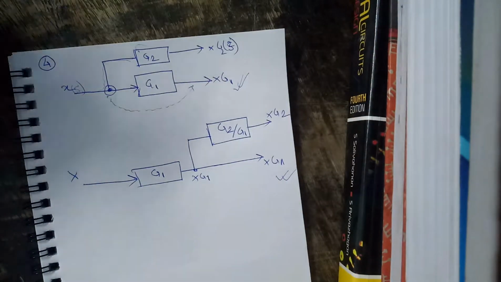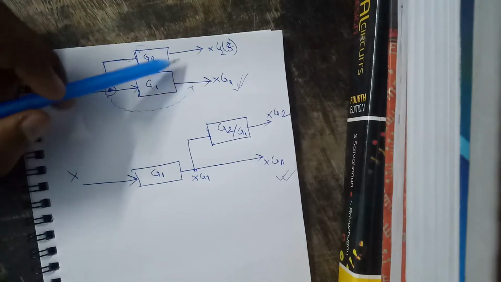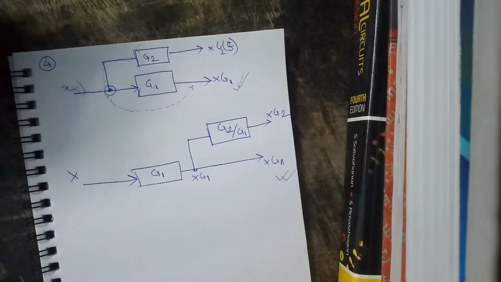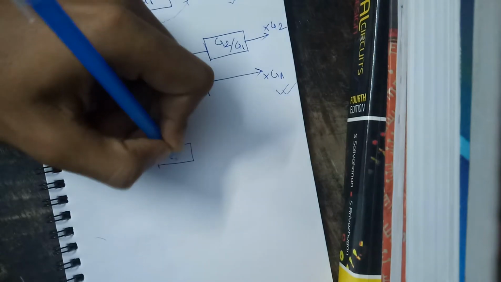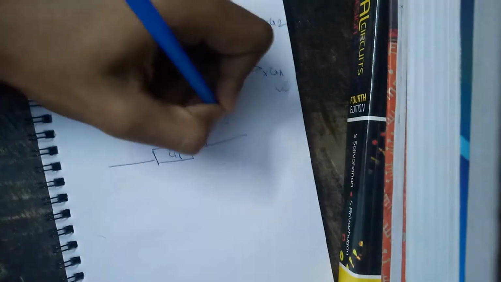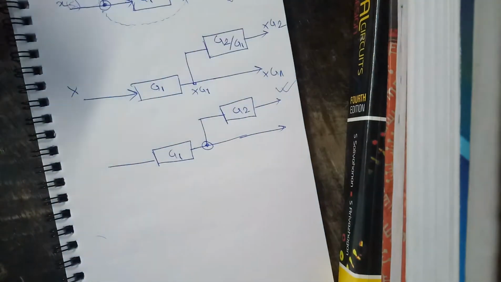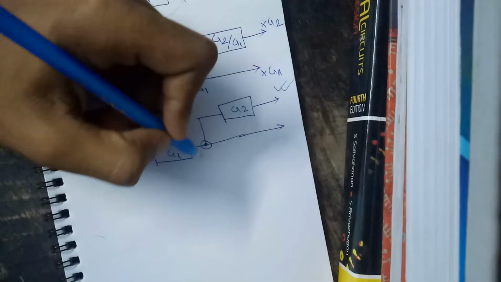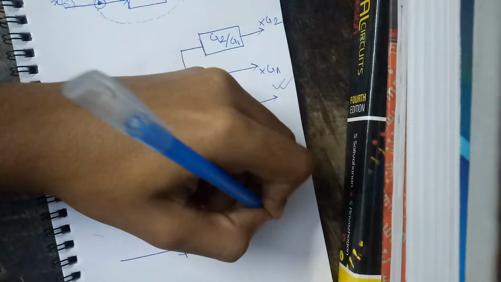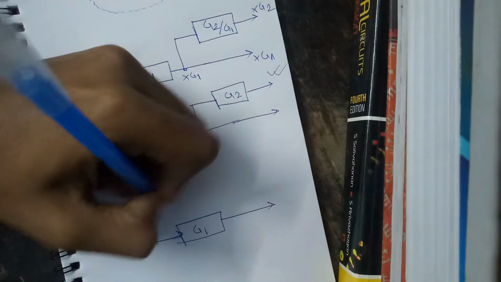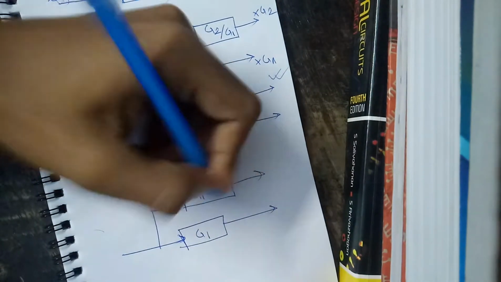So just remember the rule that if a takeoff point is taken after a block, then it is divided by the block gain, right? The reverse can happen also. If this is g1, this is g2, and this is the takeoff point, and you want to take the takeoff point before the block, we simply have to do the reverse, that is multiply with the block gain, so we'll have to do g1 g2 out here, right?